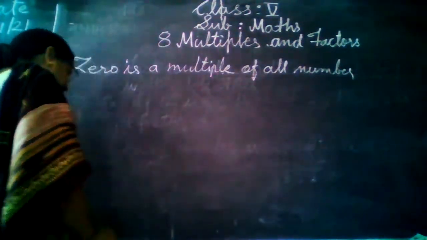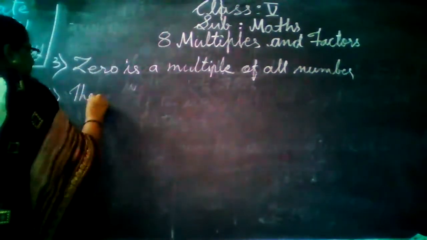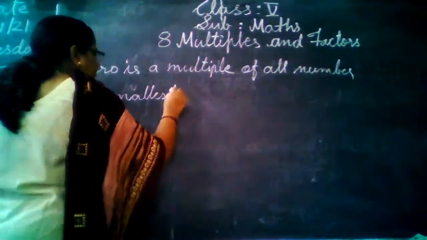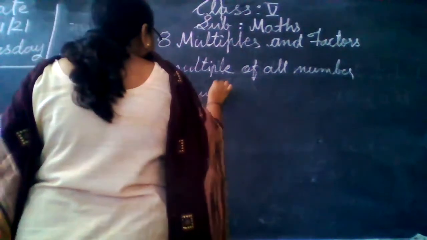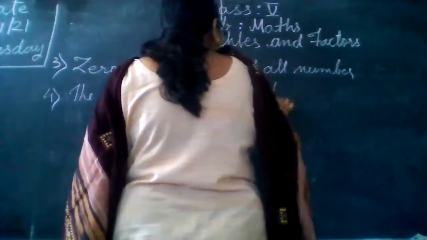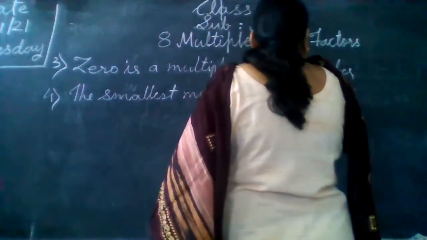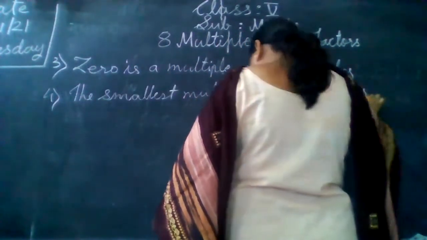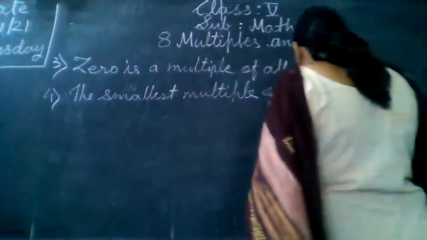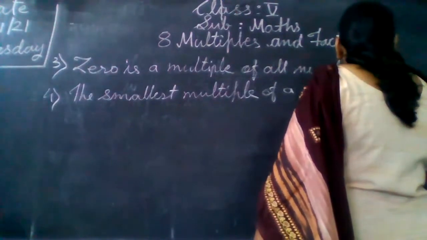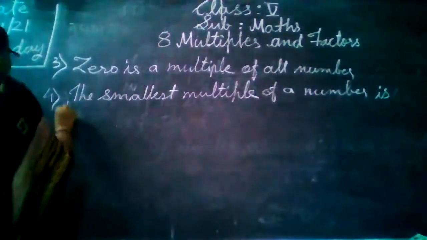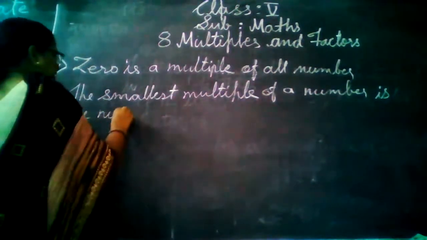The smallest multiple of a number is the number itself.